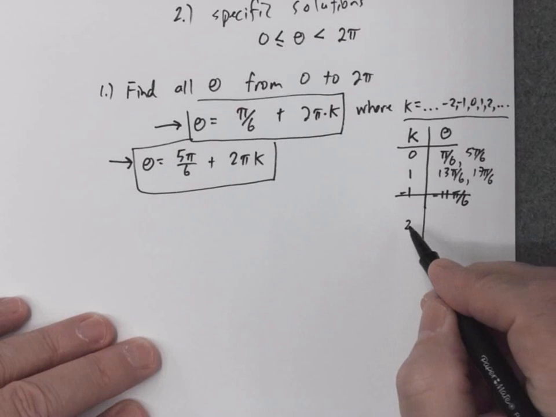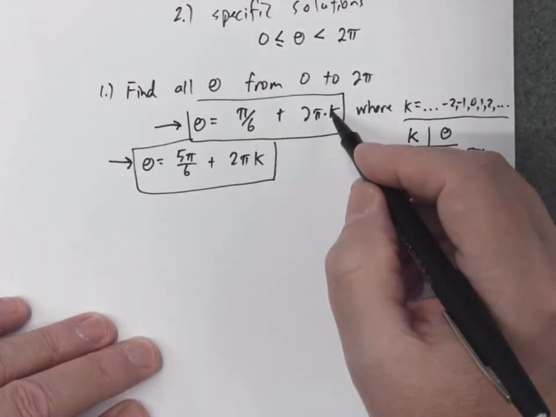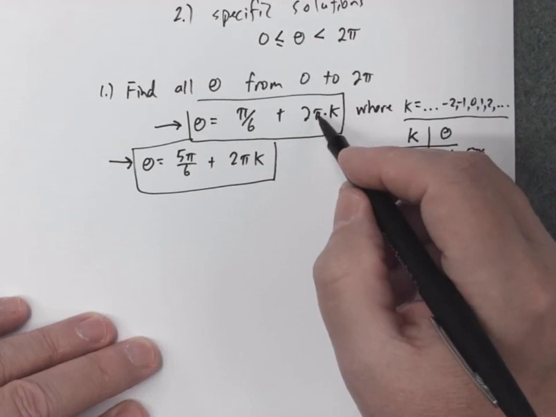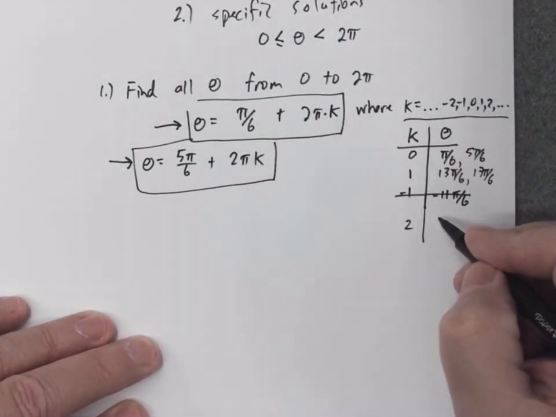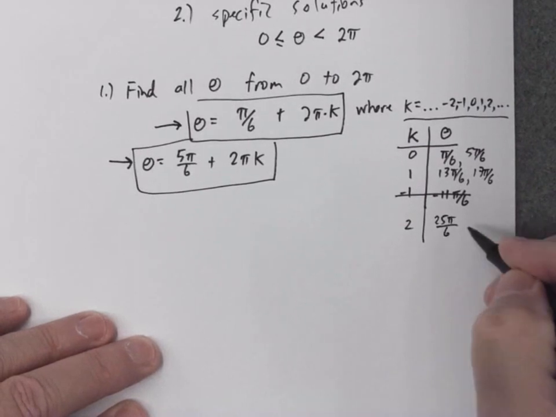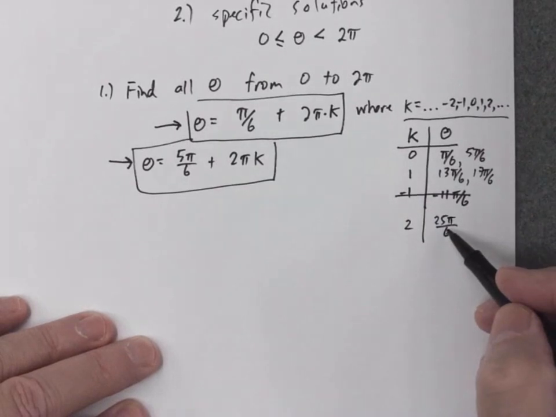So now I plug in 2 for k. So pi over 6 plus 4 pi. Well, 4 pi is the same thing as 24 pi over 6. So the first general solution would give me 25 pi over 6.